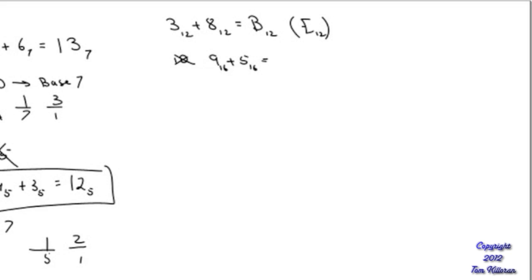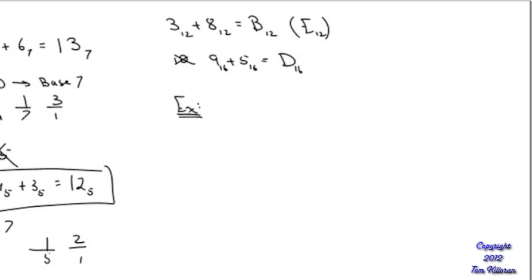All right, 9 base 16 plus 5 base 16. D base 16, because 9 plus 5 is 14, and 14 in base 16 is D. Don't forget the 16, because you take off points for that. Is it E?